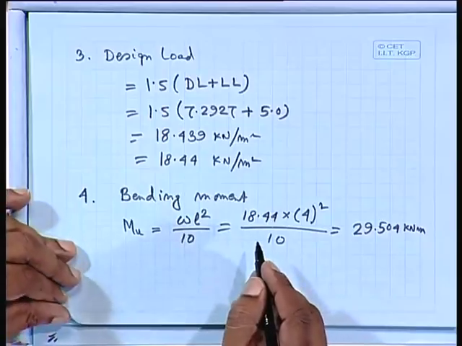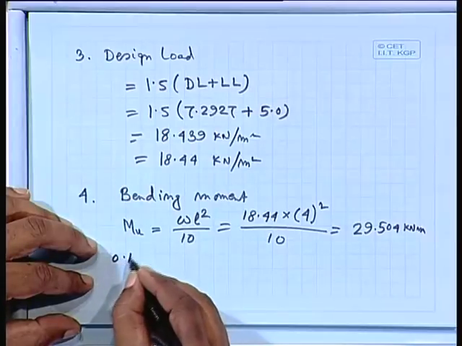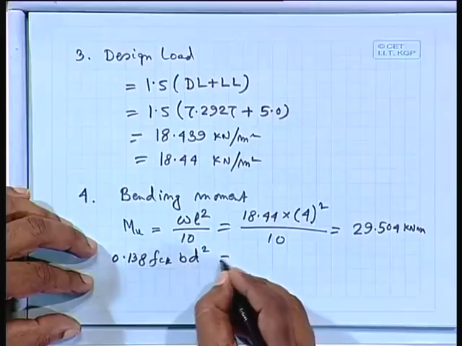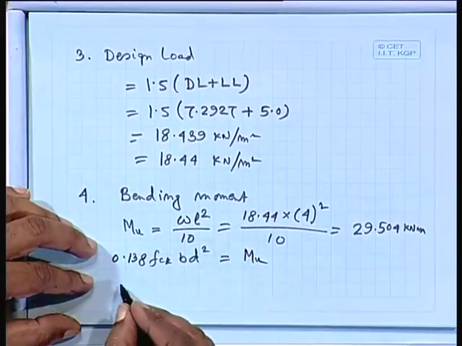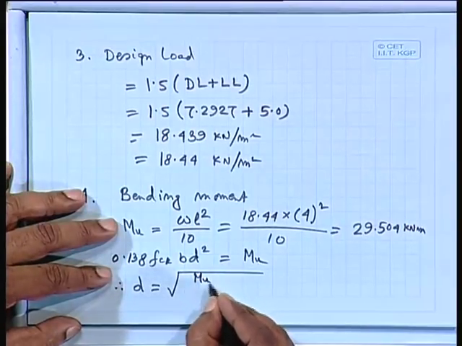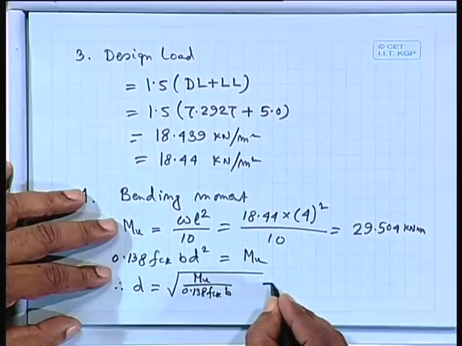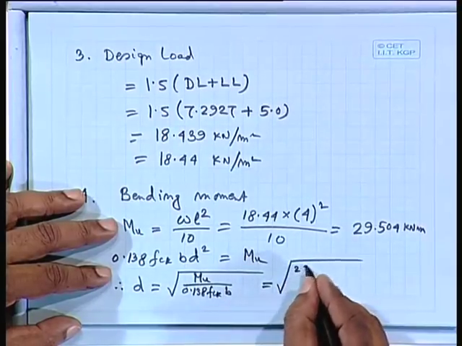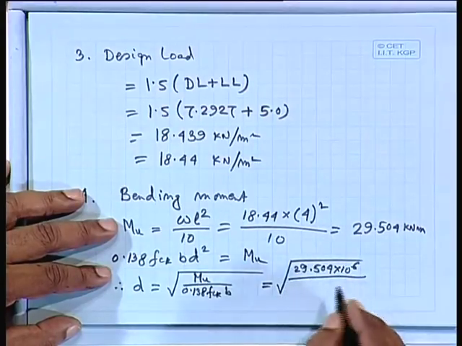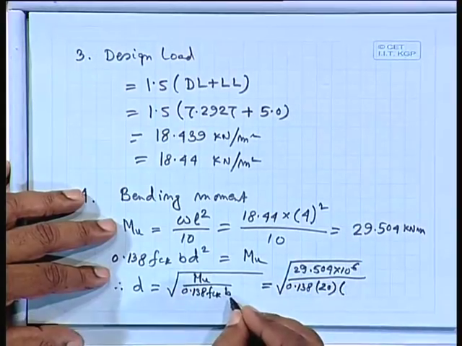Now we have to check whether the depth we have got is correct or not. So that we can find out from 0.138 fck B D square equal to Mu. So D equal to root over Mu by 0.138 fck B, equals 29.504 into 10 to the power 6 divided by 0.138, M20 grade, times what about B?